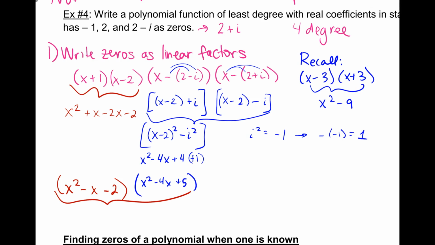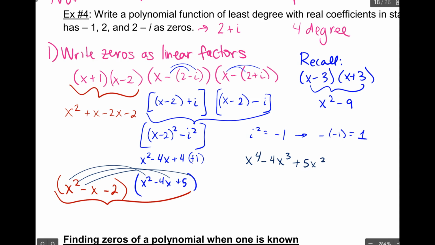So the way we're going to do that is we're just going to distribute. Just take each term, multiply by a term of the other. So multiply x squared by every single one of these. Distribute out. So I have x to the 4th minus x to the 3rd plus 5x to the 2nd.